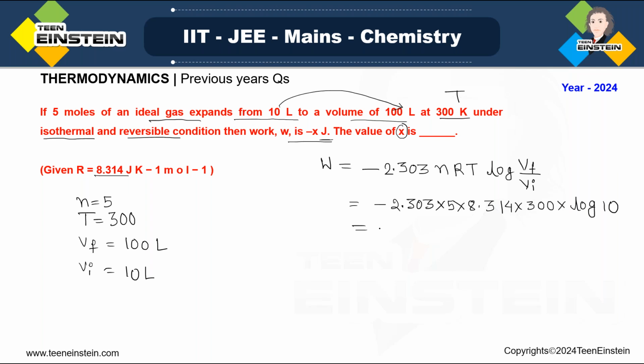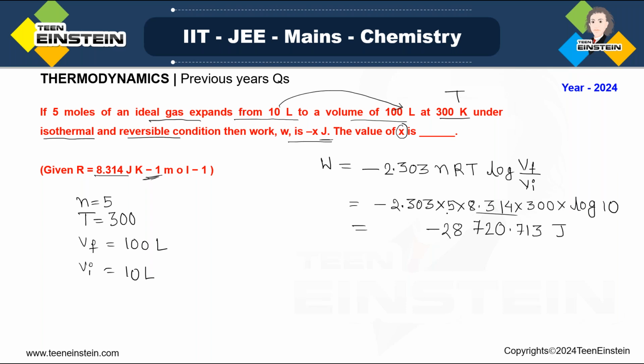If you do this calculation, you will see the value we are getting is minus 28,720.713 joule.